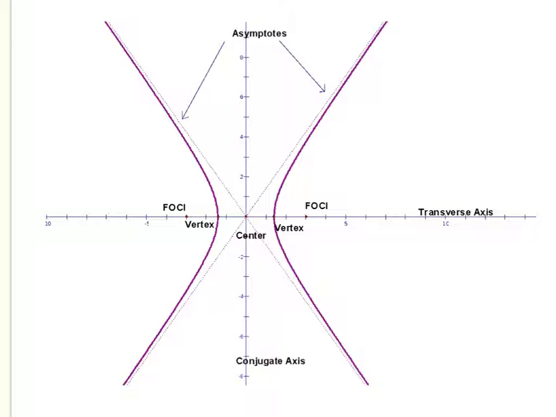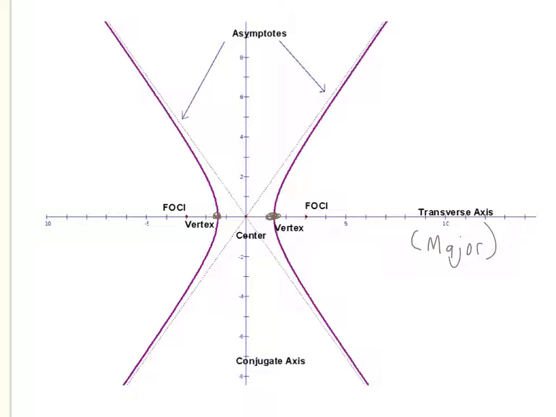Couple neat things we have here. A lot of them are very similar to the ellipse. So what you can see is there is a vertex where both parts of the hyperbola intersect what's called the transverse axis. Now the transverse axis is where all the good stuff happens. It is similar, if you remember, to the ellipse. It was the major axis.